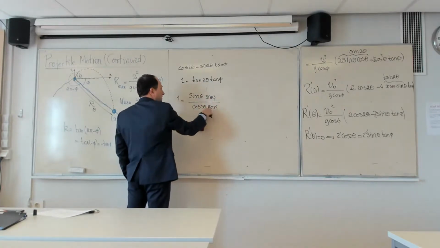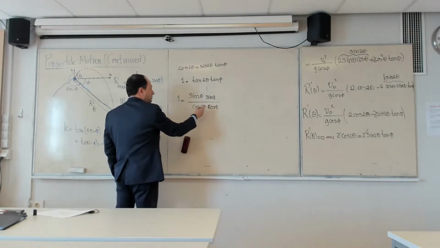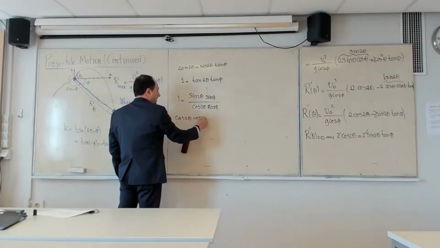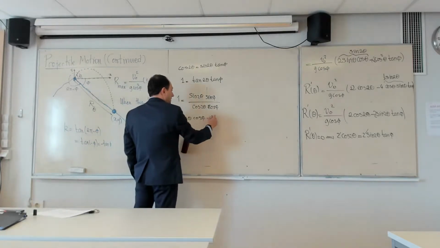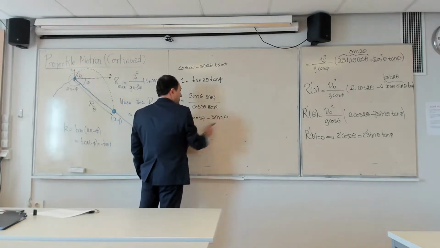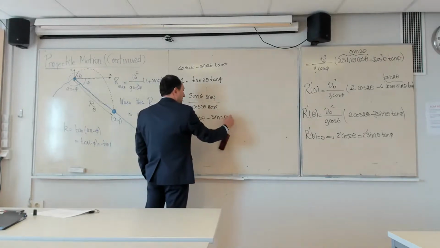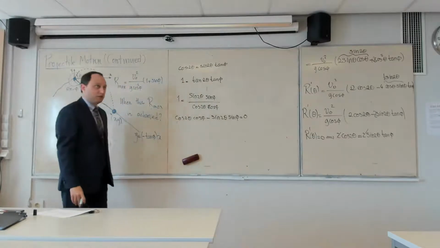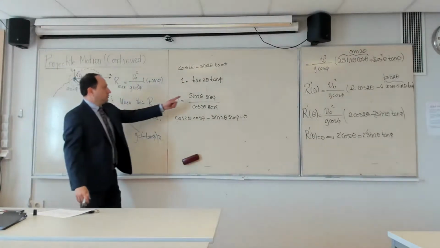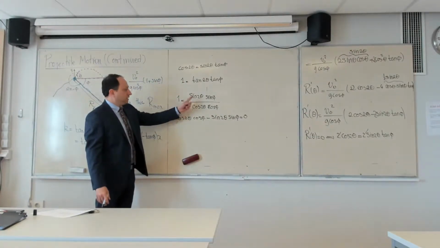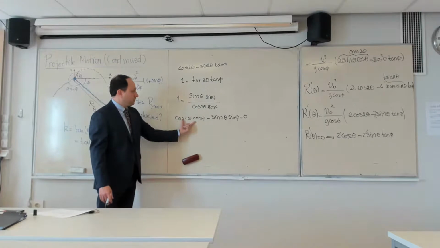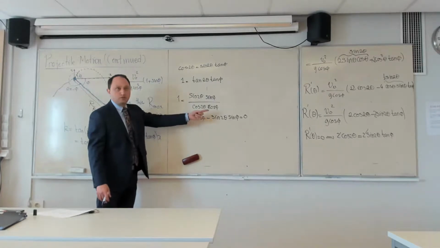But what I do, this means that cosine 2 theta cosine phi minus sine 2 theta sine phi is equal to 0, yes? This is the meaning. If this divided by that is 1, it means the numerator and the denominator are equal. So it means the difference between the numerator and the denominator is 0.